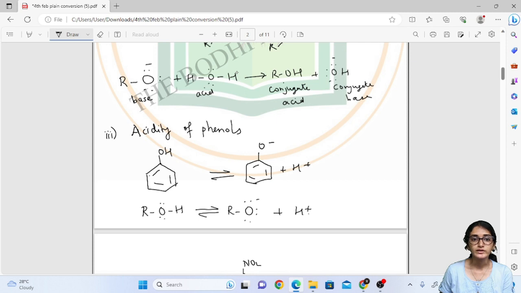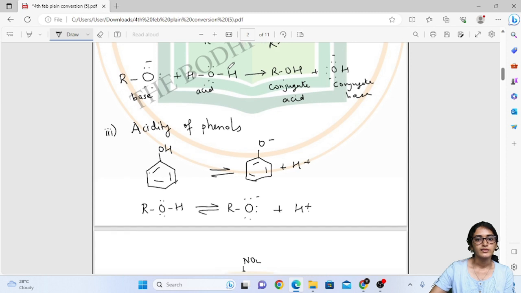If water can easily donate its proton, and the definition of an acid is a proton donor, so if it is a good proton donor, then we can say that it is a good acid. So water has better acidic character than alcohols.